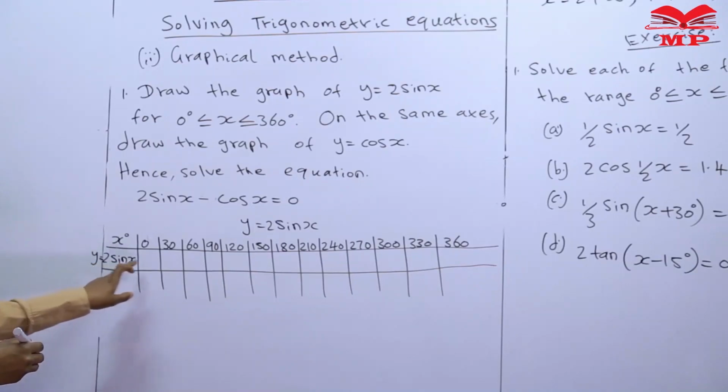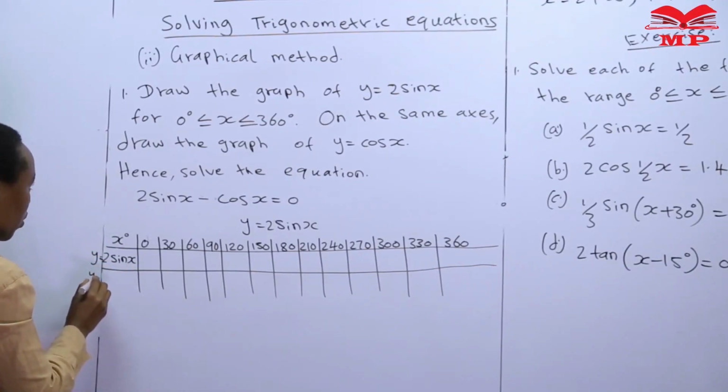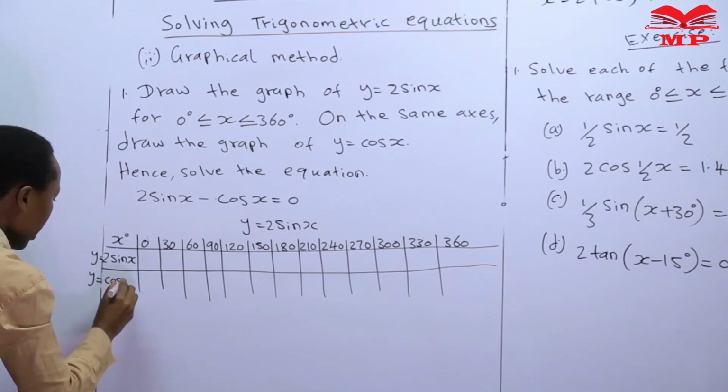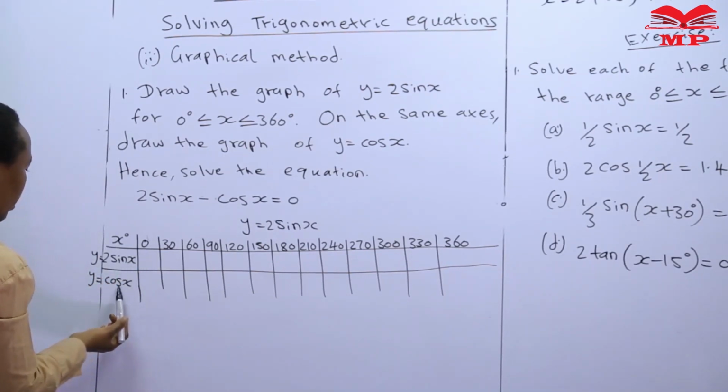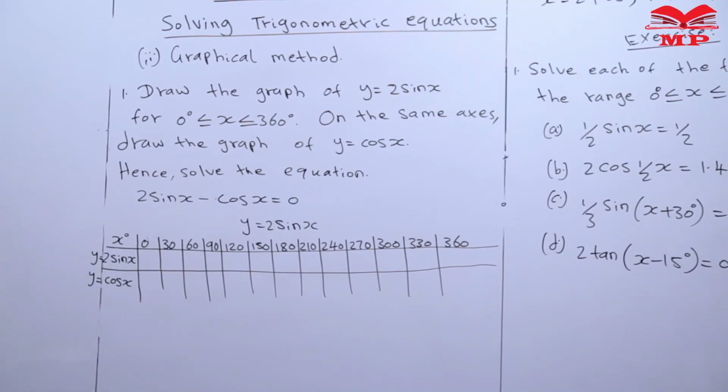So we'll get the sin x here. Then we can also get your y, which is equal to cos x. So in this case, we'll be getting cos of this.